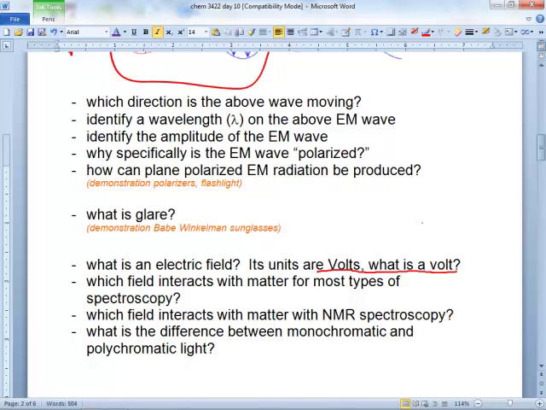What is the difference between monochromatic, Sandy, and polychromatic light? Monochromatic means one, but one what?